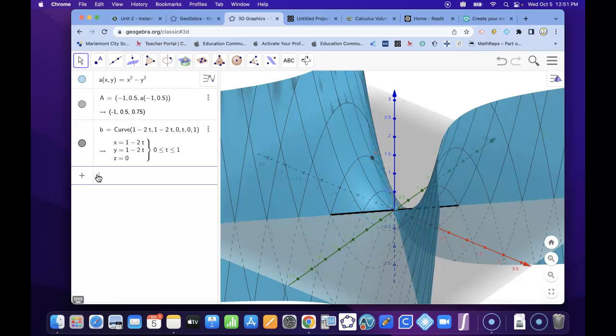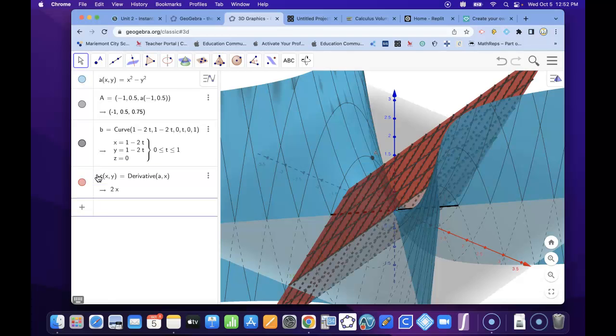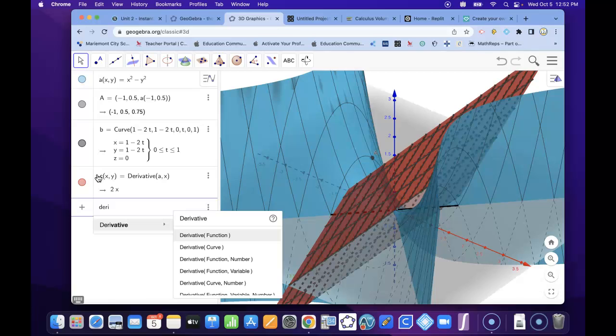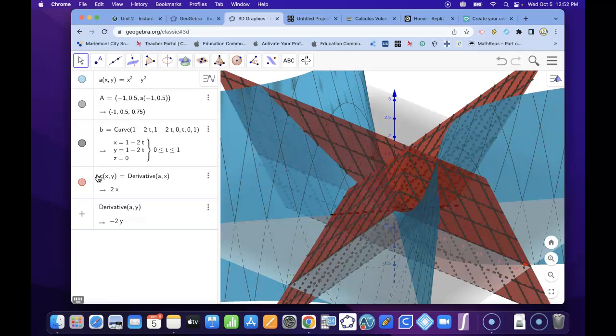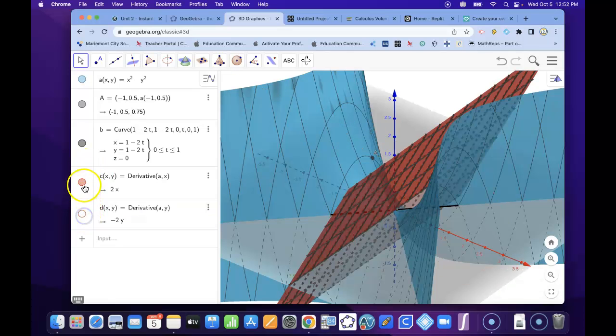Let's find the tangent plane. To find the tangent plane, I'm going to need the partial derivatives. So the derivative of A, that's the name of my surface, with respect to x, and the derivative of my function A with respect to y, and I'll hide these surfaces, I do not need them.